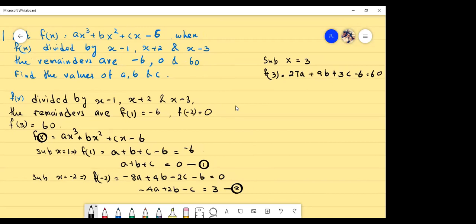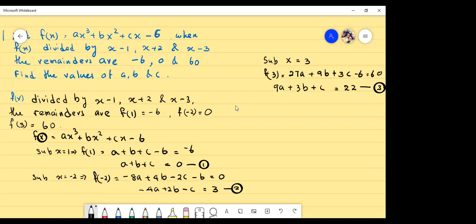So it can be divided by 3: 9a plus 3b plus c equal 22 is the third one. Now we have three equations, 1, 2 and 3.